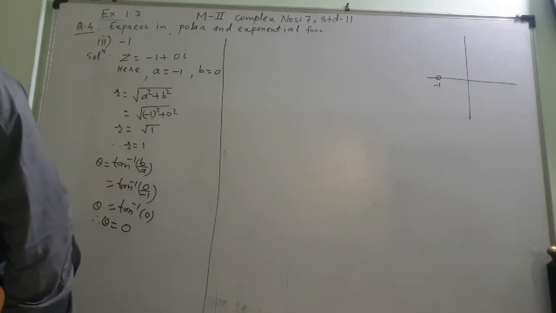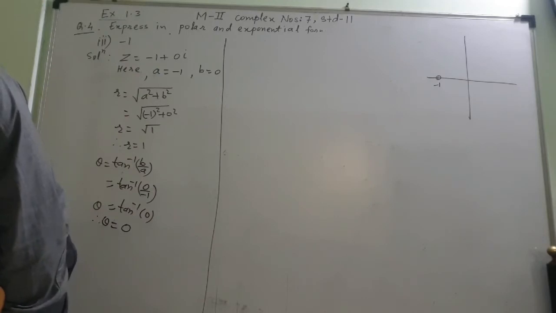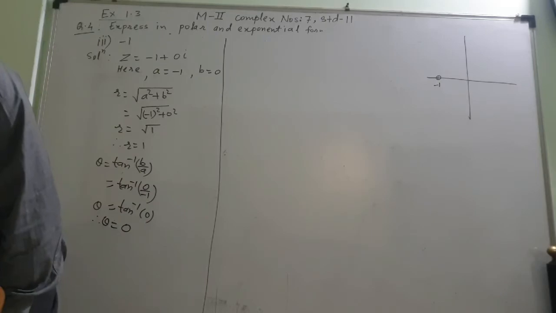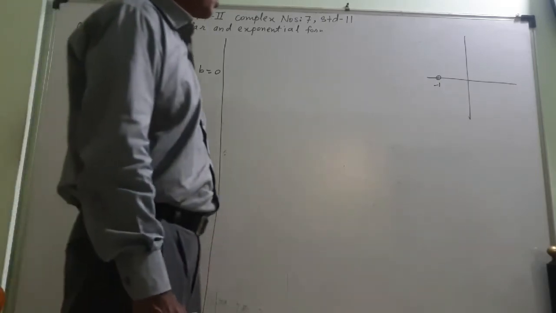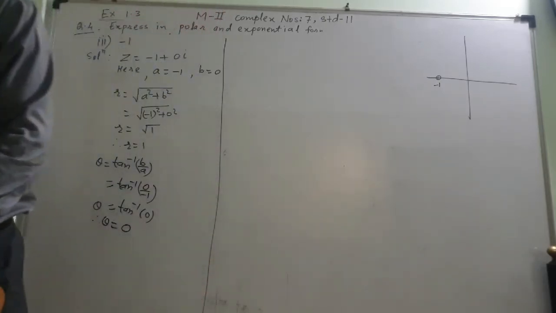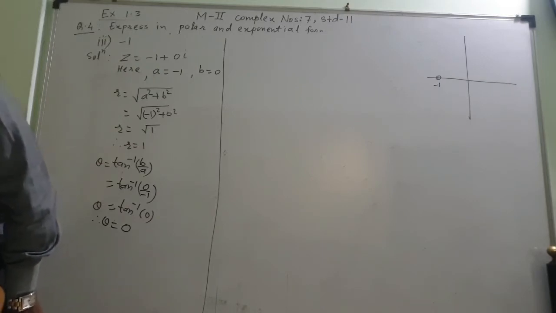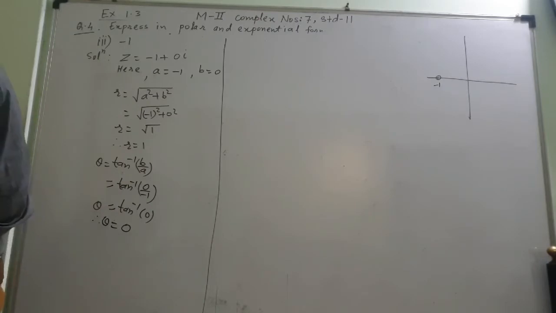Tan of 0 is 0 degree or 1. The angle's cos also we have to decide, sin also I have to decide.